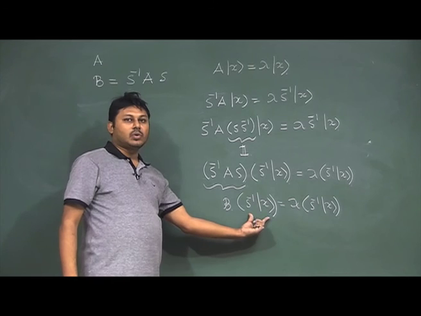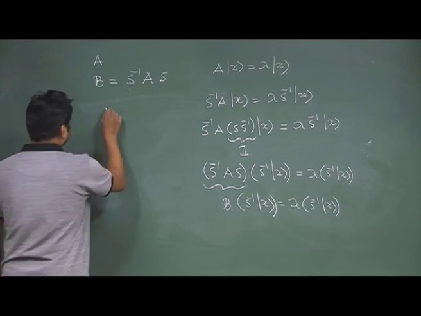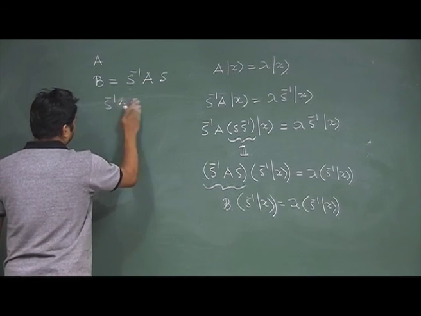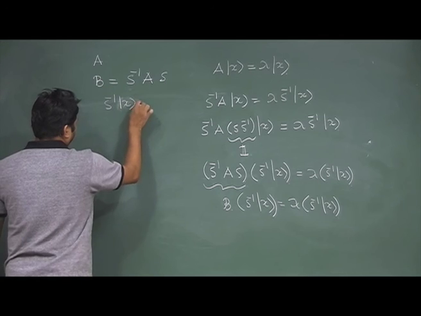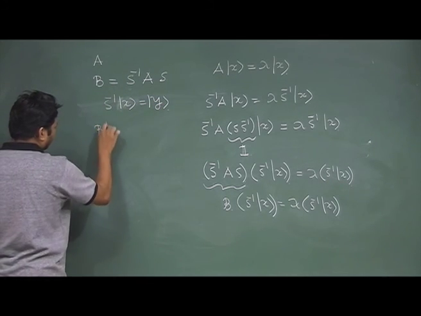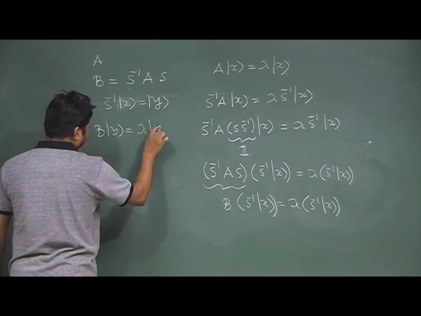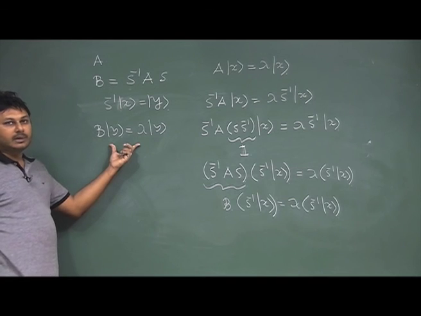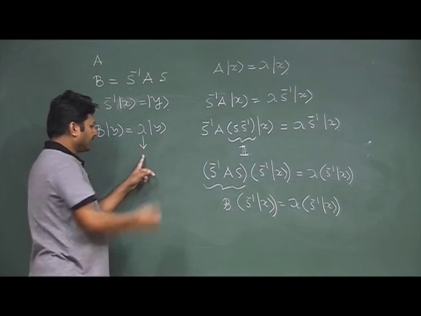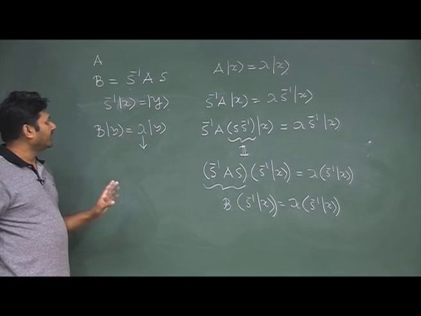S inverse x is also another vector. So, if I say S inverse x is y, then B y is lambda y. This is nothing but an eigenvalue equation. The eigenvalue is lambda, but the eigenvectors are different. So, what is the meaning of that?